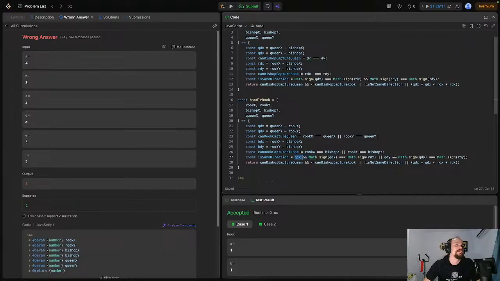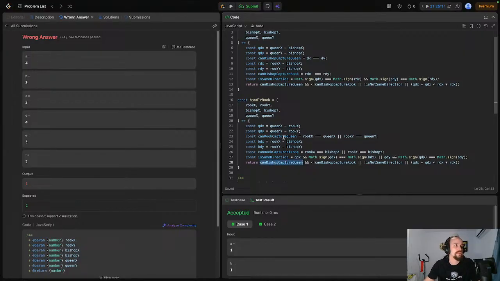Basically, if qdx is in some direction and bdx is in that same direction, or qdy is in some direction and bdy is in that same direction.